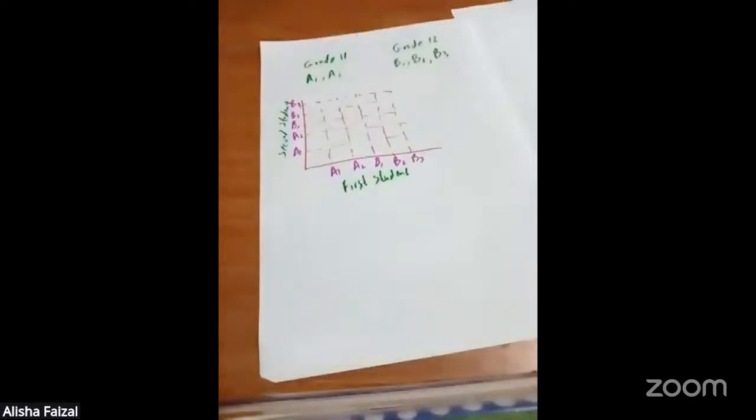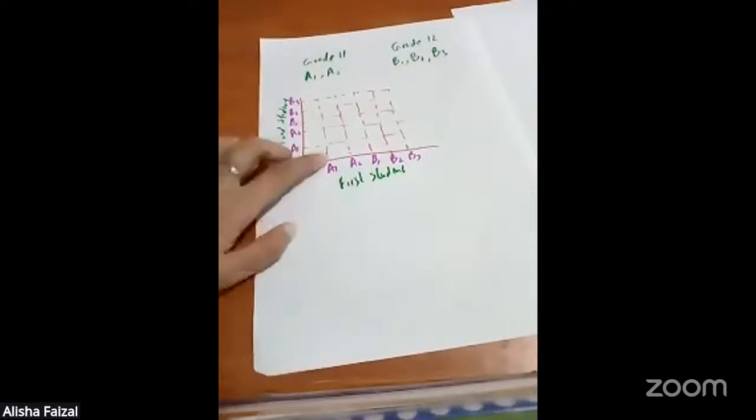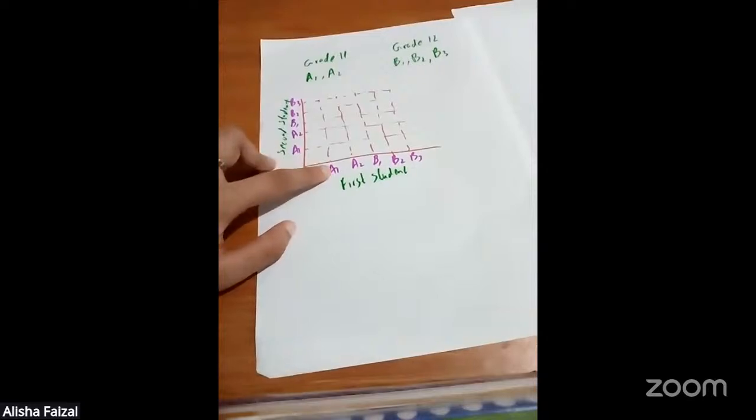Now we're going to mark. Let's say the first one they pick is A1. Can you pick the second one as A1 after picking A1? No, so we can't mark this.